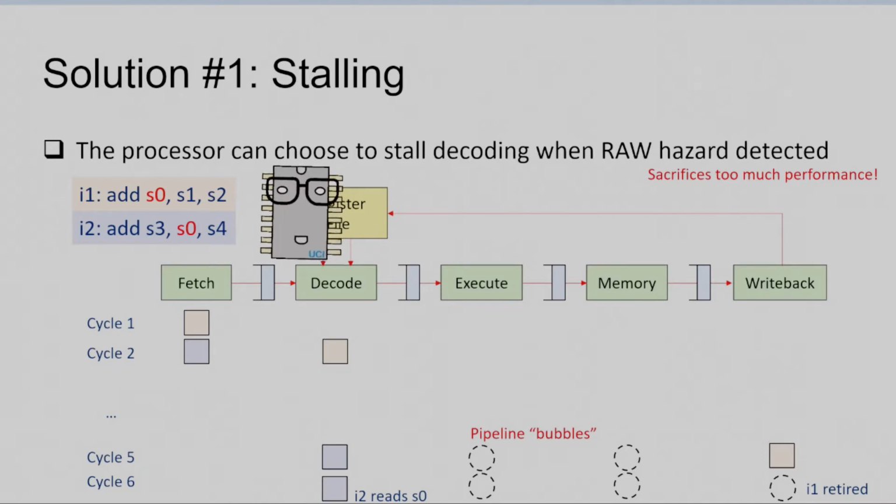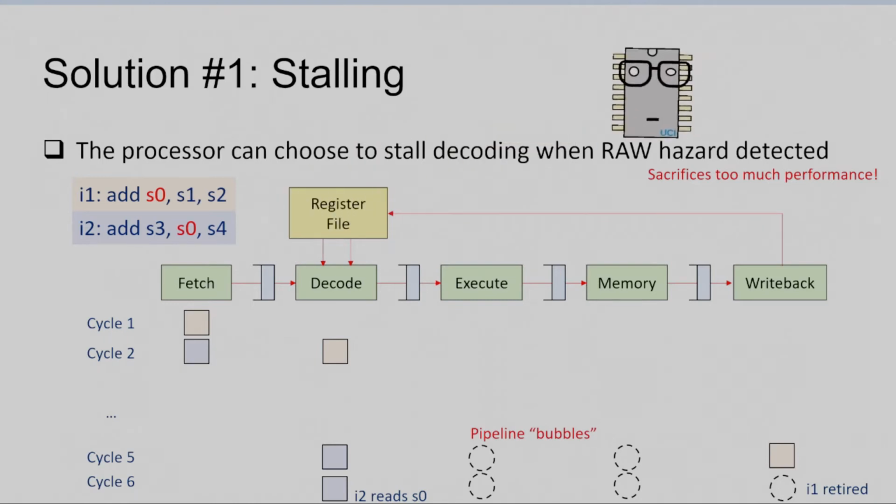Well, there are lots of caveats here, but it is possible to write instructions that avoid the read after write hazards most of the time. So anyways, the thing is, it sacrifices too much performance.